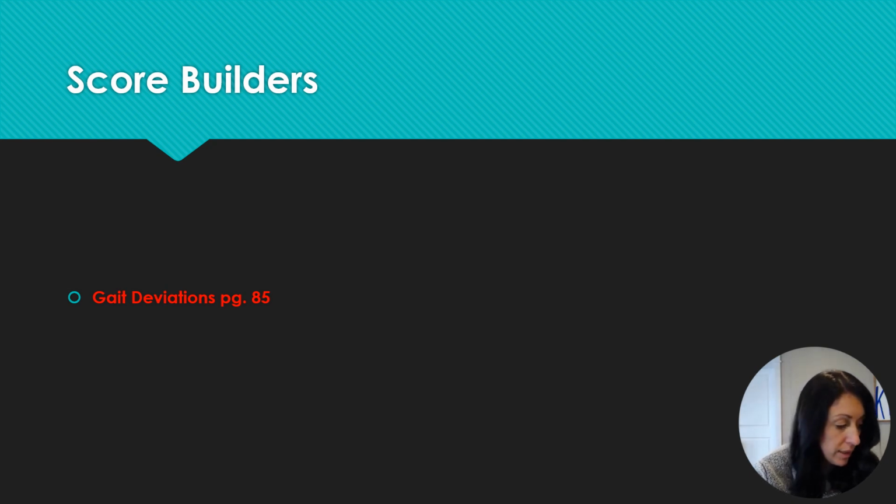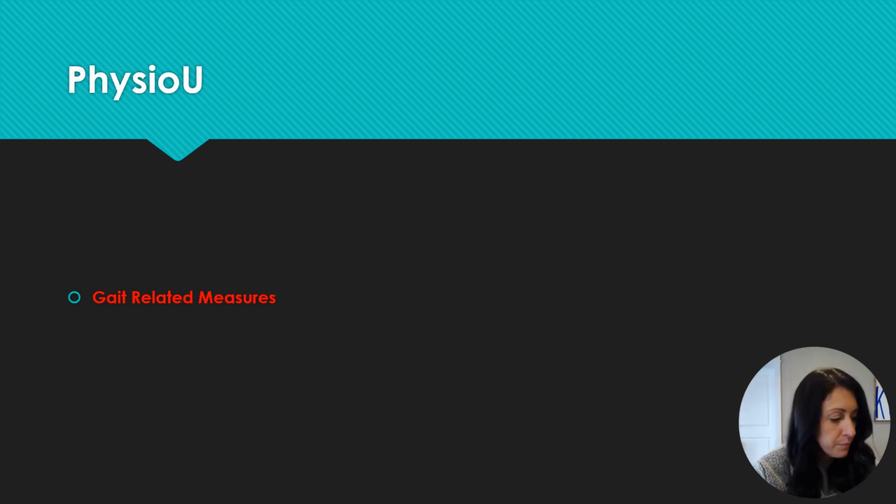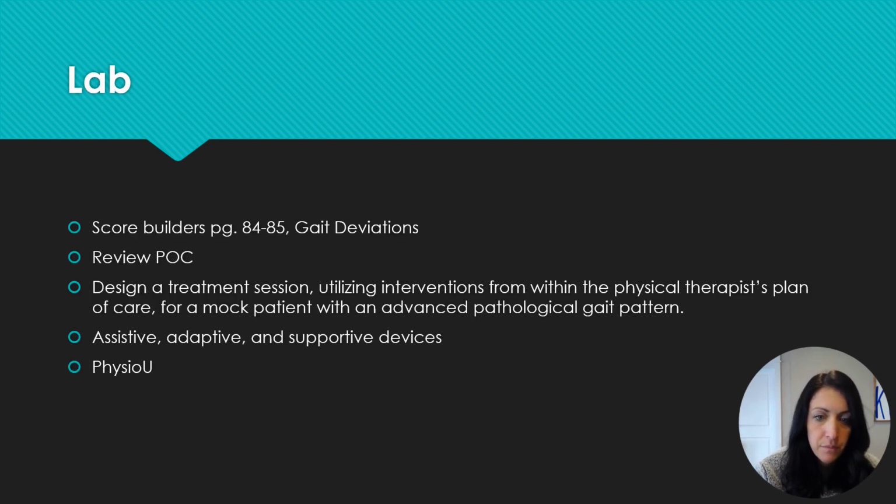Weak dorsiflexors. If there's exaggerated knee flexion at contact, know the differences between each one of those. You can utilize PhysioU to role play each one of those to see if you can identify them and what you could do to fix the situation.